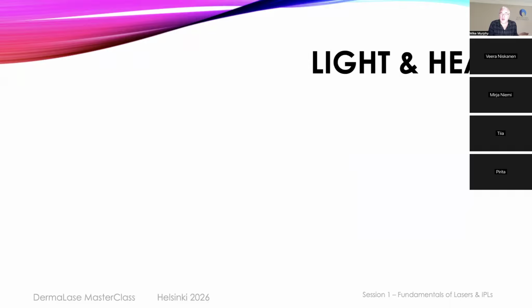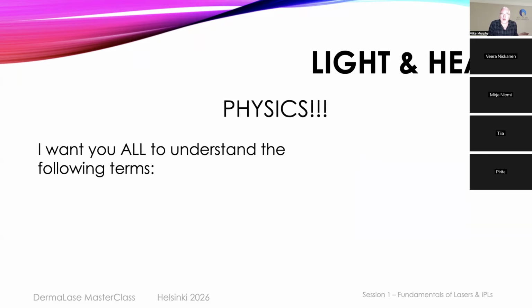So let's start off with a little bit of physics and some of the basic stuff. We talk about light and heat because we're firing light energy into the skin, and inevitably that generates some heat energy, and then all the magic happens. To understand how this works properly, there are a few terms that you really should understand.